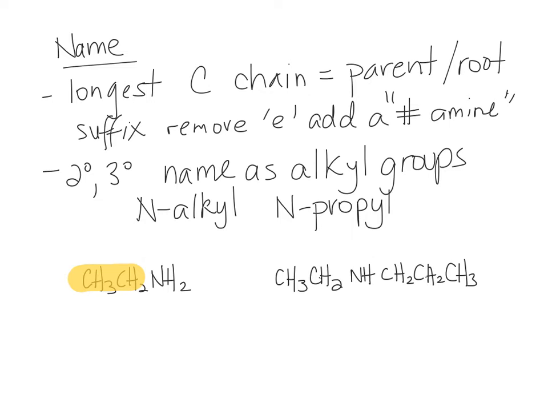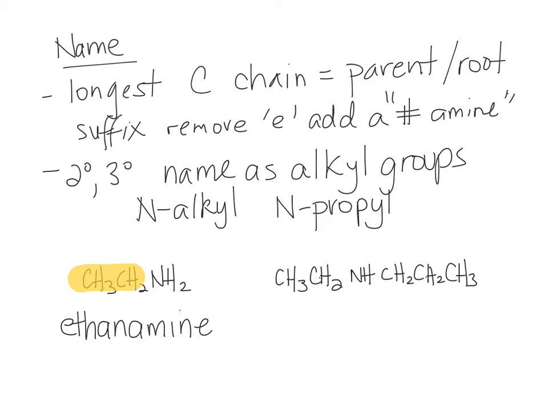If it had 3 carbons, it could be attached to carbon 1 or carbon 2, so we would need a number. So this is ethane. Take off the E and add amine. So this is ethanamine.